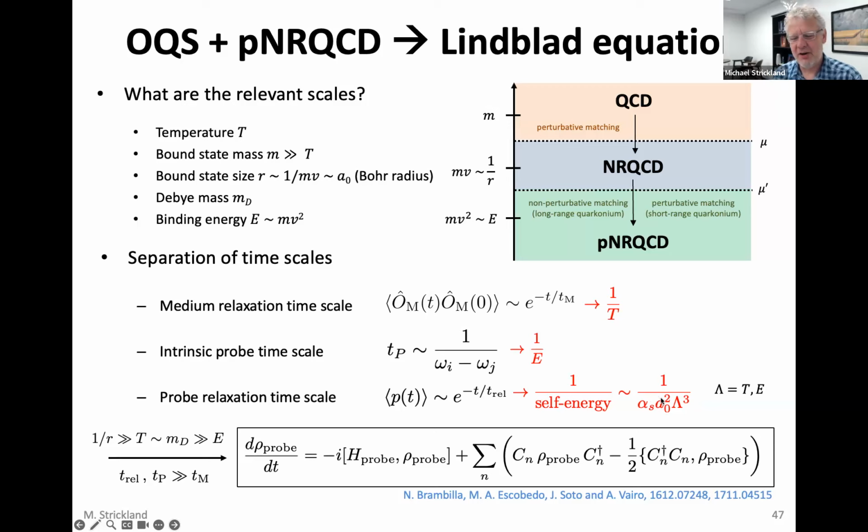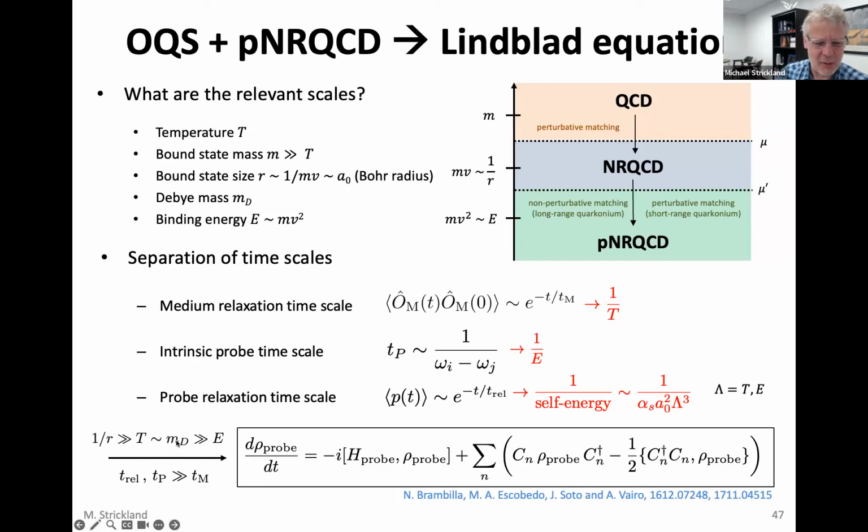But what emerges, at least in the high temperature quark-gluon plasma, if we're looking at temperatures on the order of, let's say, 500 MeV, is that there's a strict ordering of the scales. The inverse size, since these are very small states, is actually a large scale. It's much bigger than the temperature, which is on the order of the Debye mass.